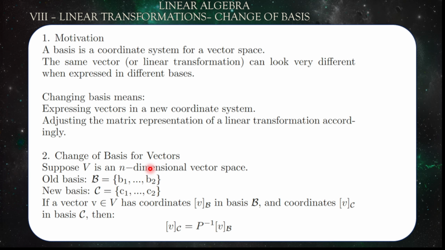Okay, change of basis for vectors. Suppose V is an n-dimensional vector space. The old basis is B equal to B1 all the way to Bn. The new basis is C, C1 to Cn. If a vector, lowercase v, is within the V space, having coordinates of v_B in basis B and coordinates of v_C in basis C, then this is how we transfer from one coordinate system to the other. v_C is equal to P inverse, which is the inverse of the matrix P, and we will see it in an example, multiplied by v_B.